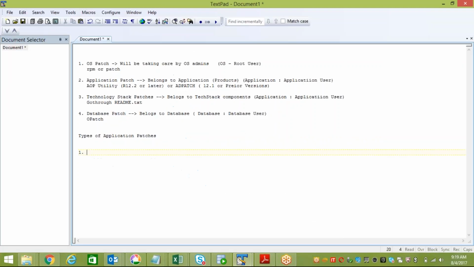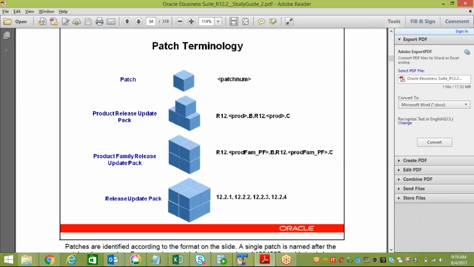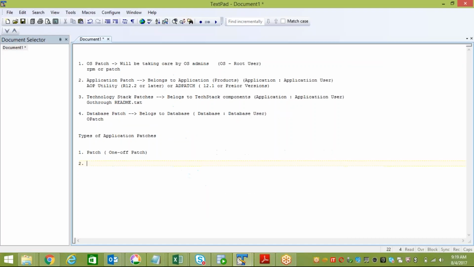Okay, so this patch here, we also call a one-off patch. Next, product release update patch. We have generic terminology; we call it a mini pack, or mini patch.